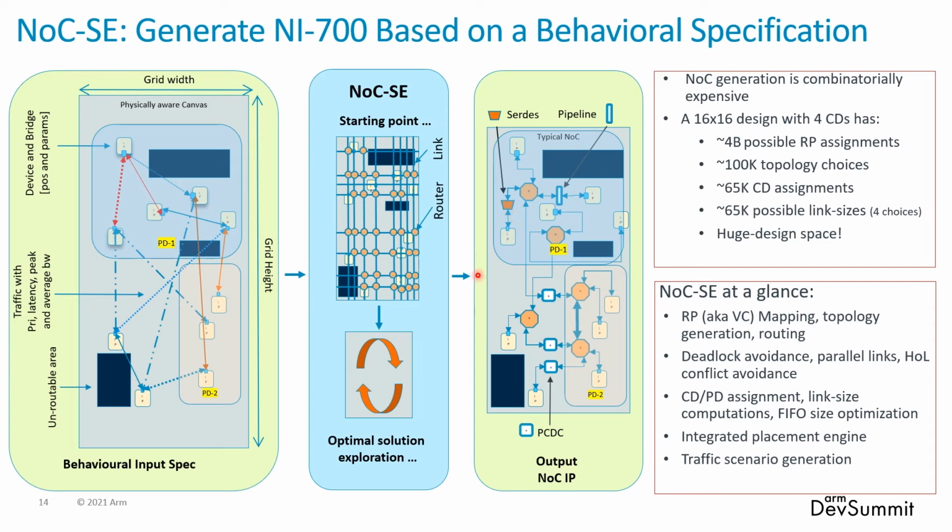Along with that, there's also an integrated placement engine, which would move the components around and try to minimize the pipelines which need to be inserted. And it will move them around and then finally insert the pipelines in order to meet the timing. Also, it generates traffic scenarios which the users could use with the performance model.